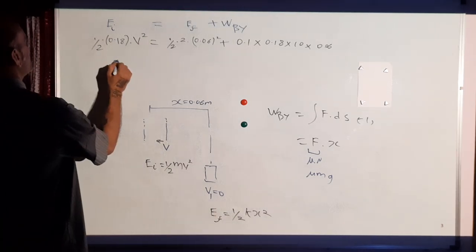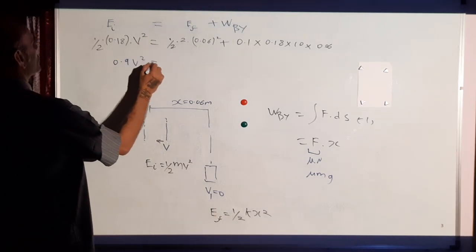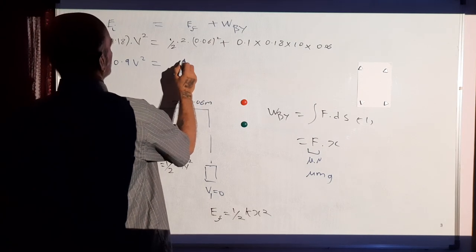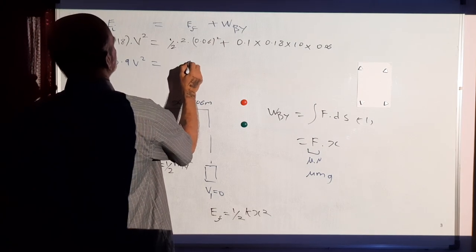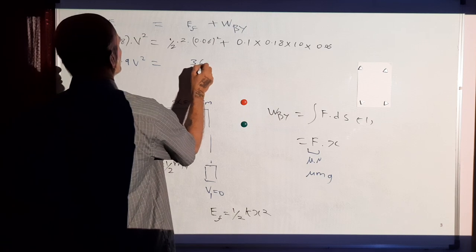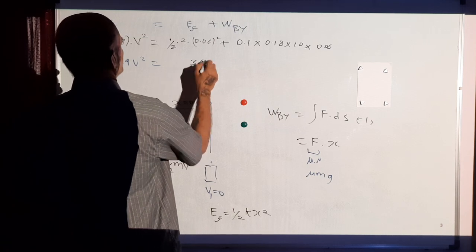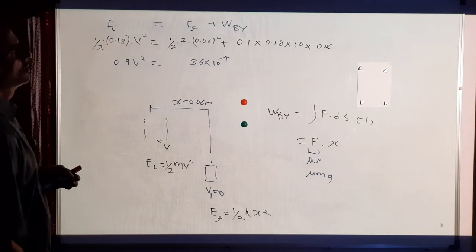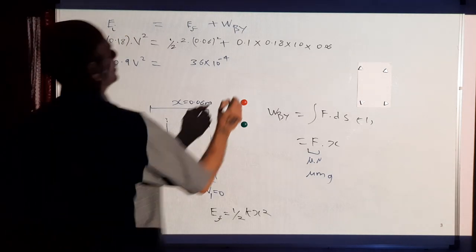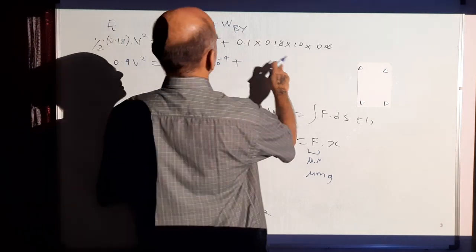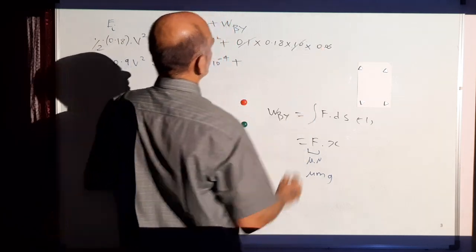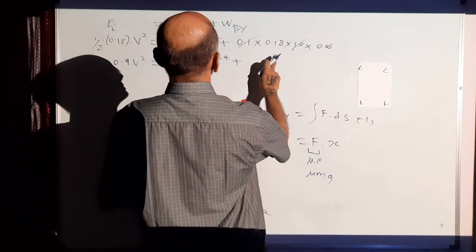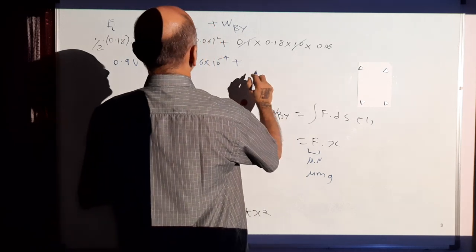So this is 0.9 v square equal to 0.06 square. That is 36, 10 raised to minus 4. Okay, plus this and this will give me 1. This is 0.06 into 3.